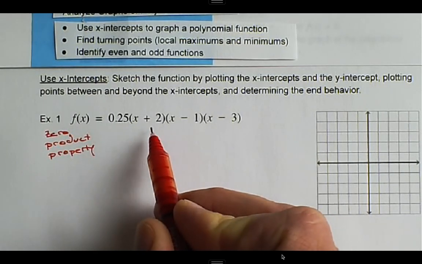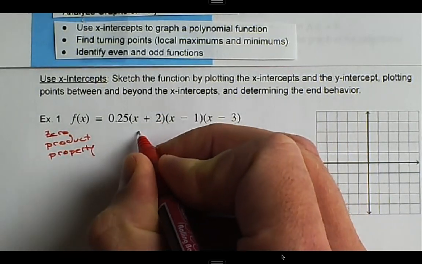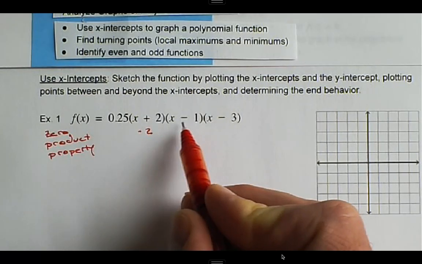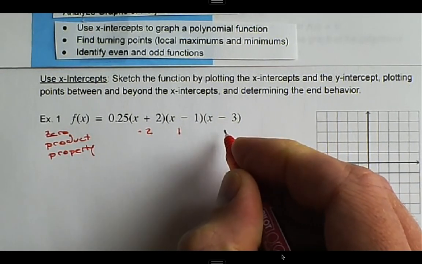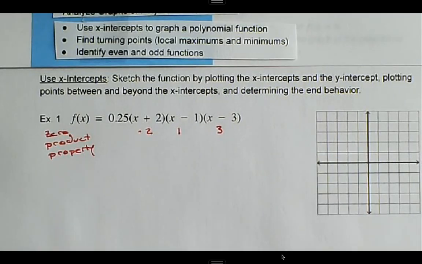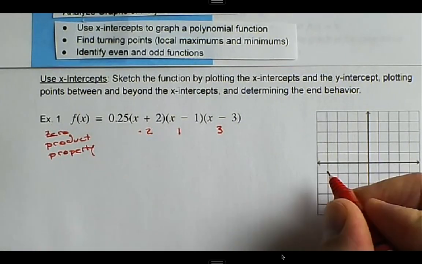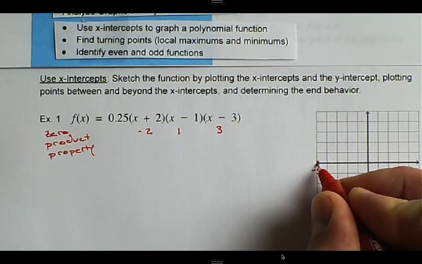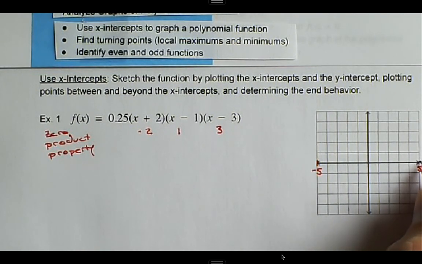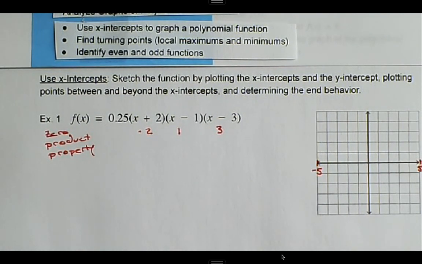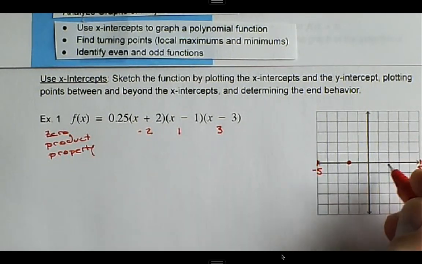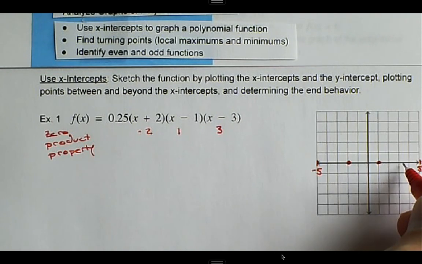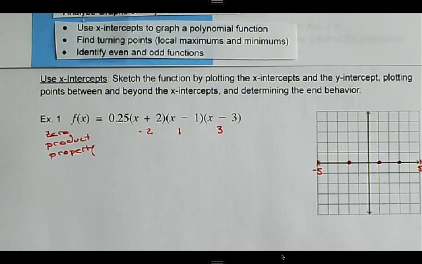So what would make this become 0? Negative 2. What would make this become 0? A 1. And what would make this become 0? A 3. So we have zeros at negative 2, at 1, and at 3. Okay, so that's where our zeros are going to be.